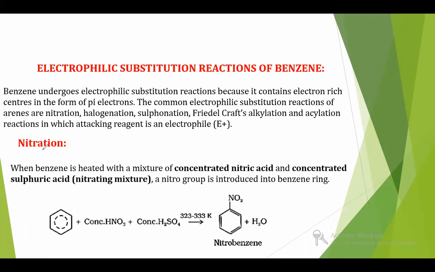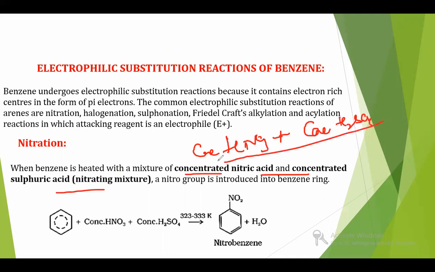So nitration: when benzene is heated with a mixture of concentrated nitric acid and concentrated sulfuric acid, I'll write concentrated HNO3 plus concentrated H2SO4. Together we know this as the nitrating mixture.